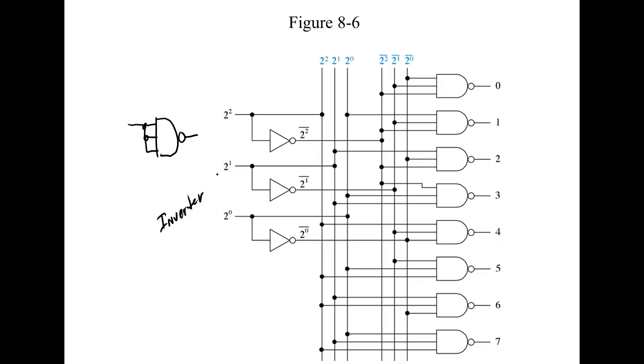How many inputs is that guy right there trying to drive? 3. Each one of these would require 1.6 milliamps, 1.6 milliamps, 1.6 milliamps, rule of thumb. Okay, y'all understand that?